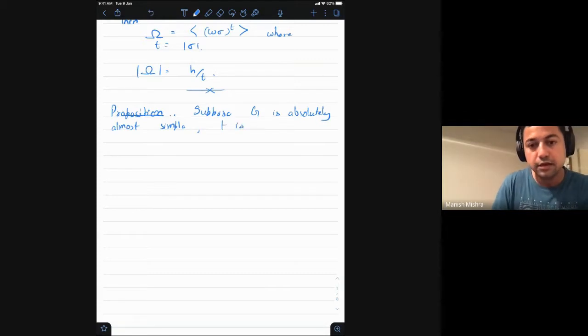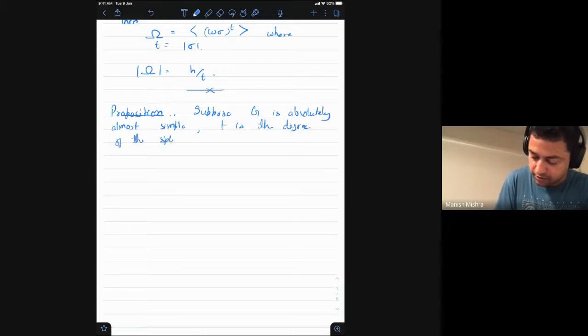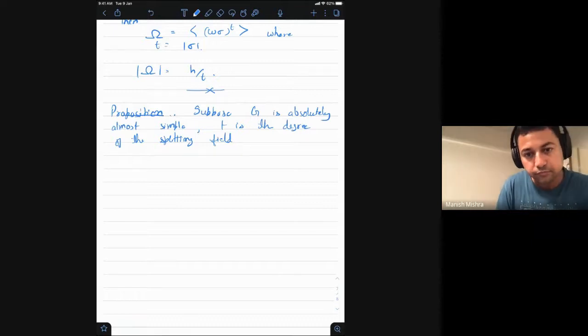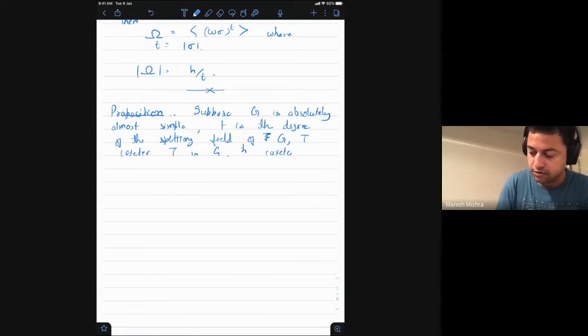T is the degree of the splitting field of G. T Coxeter torus, G, H Coxeter element.